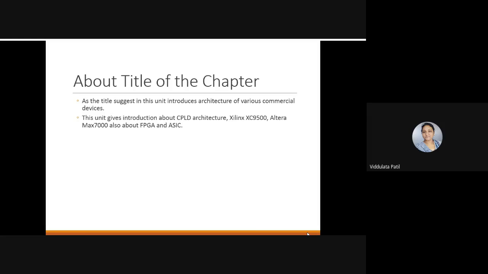This unit gives introduction about CPLD architecture, Xilinx XC9500, Altera Max 7000, and also about FPGA and ASIC. Completed?